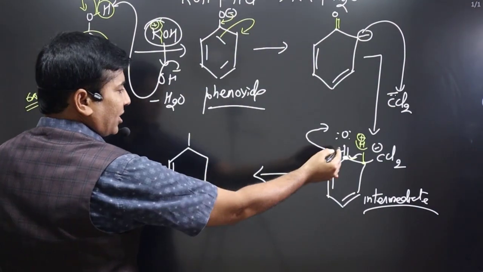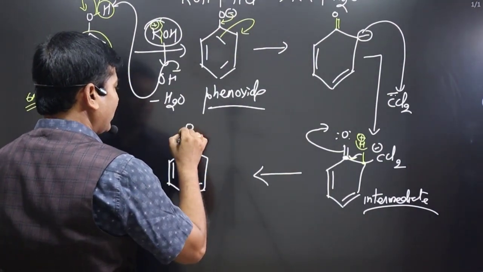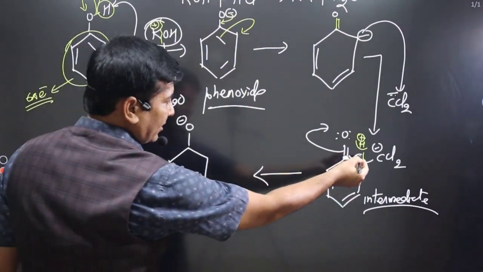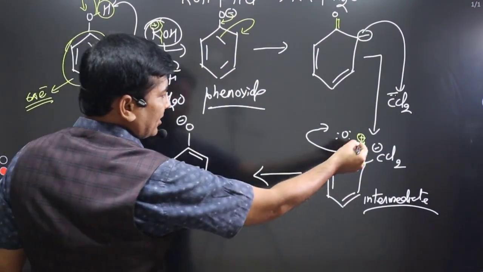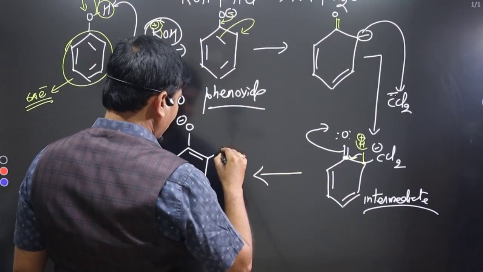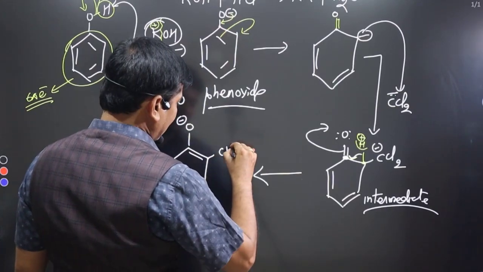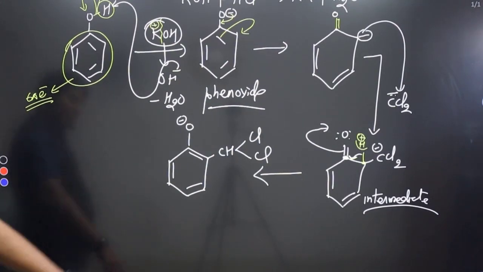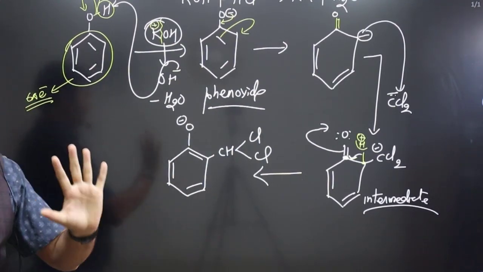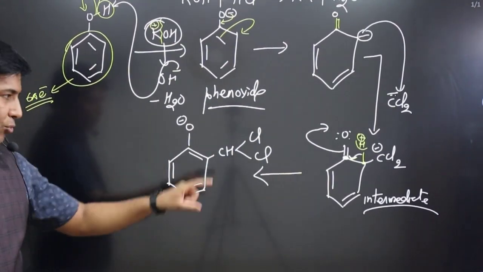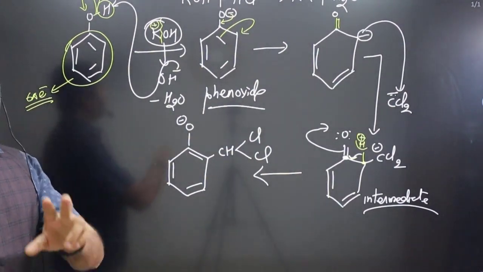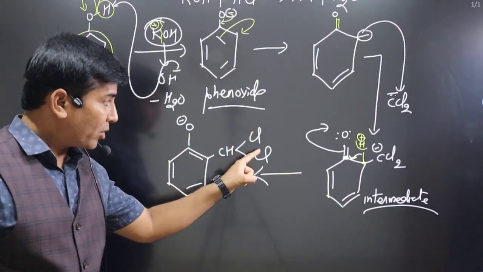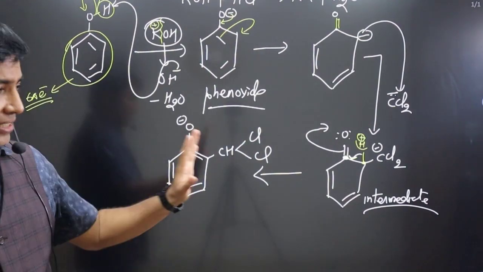Here we have a single bond, because one bond is broken, oxygen is pulling electron density, and this new bond is generated. Now this hydrogen will attach to carbon. Here we have C and CH, and you can see 2 halogens are there. Aromatic character is attained. It has 6 pi electrons. We have a dihalide. What kind of dihalide? Gem dihalide, because 2 halogens are attached to the same carbon.